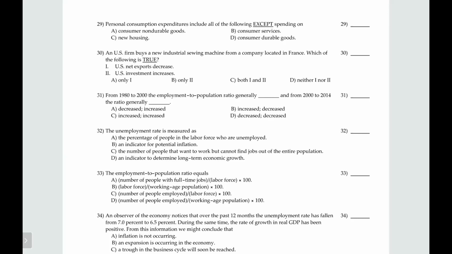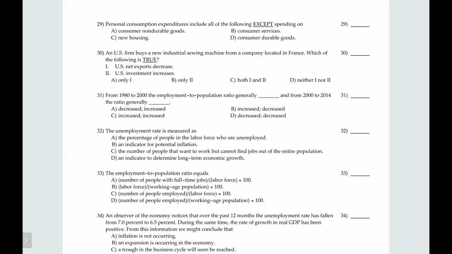C, new house. A new house is not considered expenditure, because this is an investment, like we just discussed in previous questions. And D, consumer durable goods. Okay, so durable goods is consumer expenditure, right?